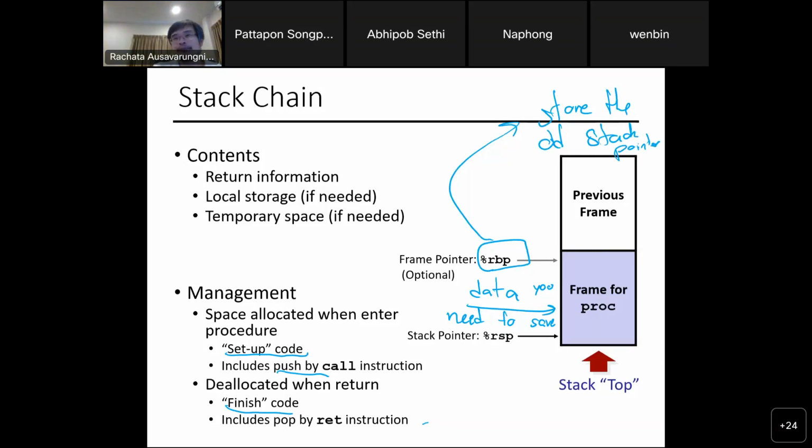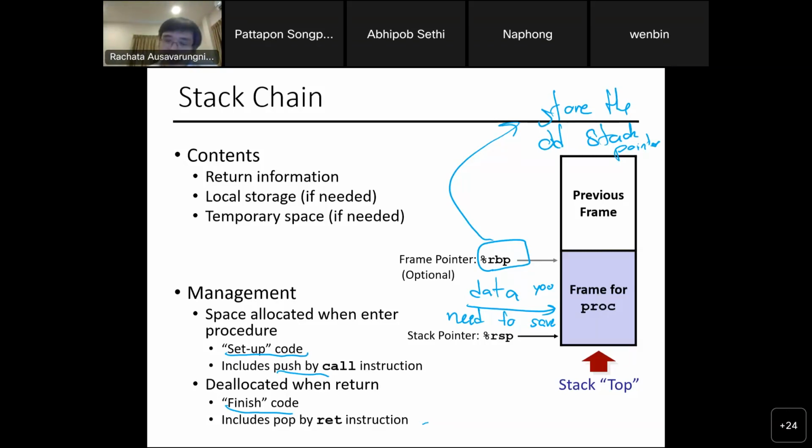Why do we need that? This is so that you don't have to pop until you're back at the original function. You can then move RBP into RSP, and you would then be reverted back to the original function, because sometimes you don't need to pop everything.